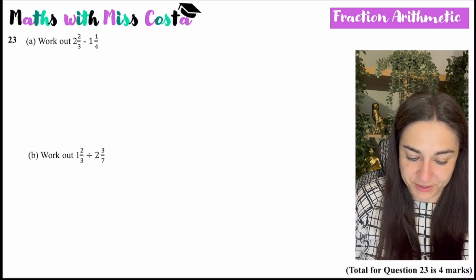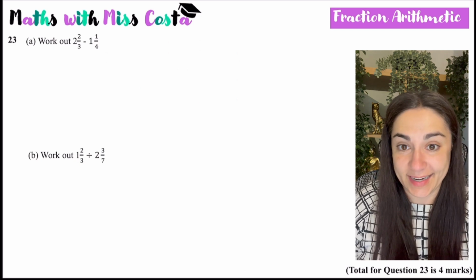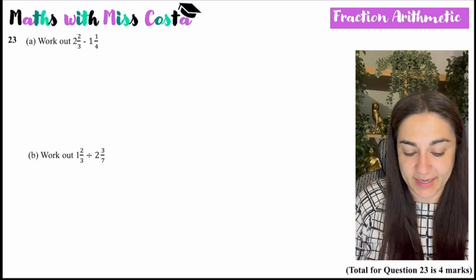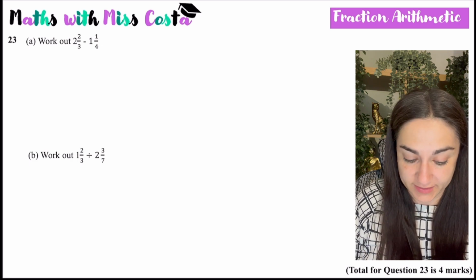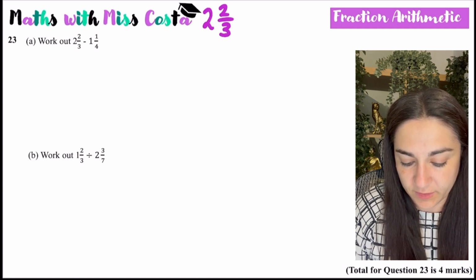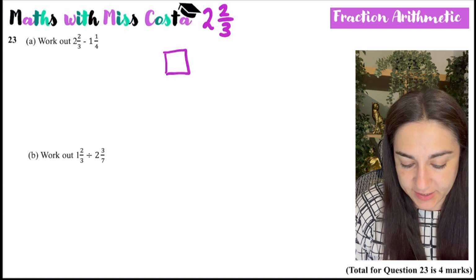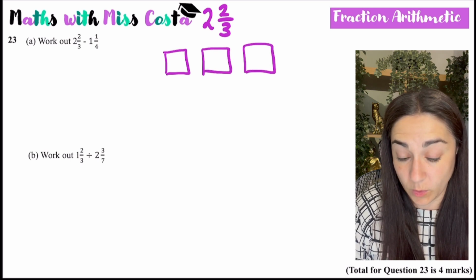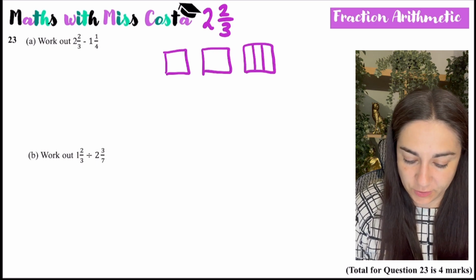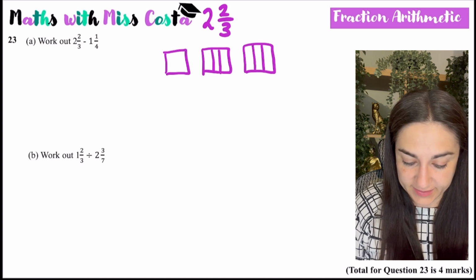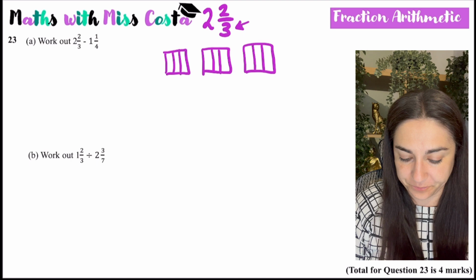Next, we've got some fraction arithmetic. So the key thing here is to know how to convert our fractions, mixed numbers, into improper fractions. So a really quick example, we've got 2 and 2/3. Now, what does that actually mean? It means 2 wholes, like 2 whole amounts, and then 2/3. So what I'm splitting things in is thirds because the denominator is 3.